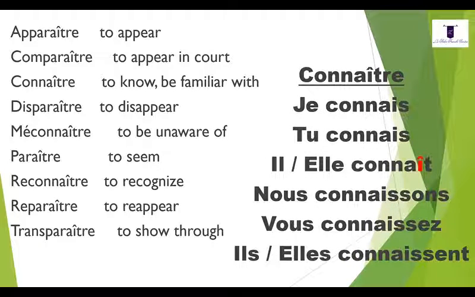Je connais, tu connais, il ou elle connaît, nous connaissons, vous connaissez, ils ou elles connaissent. You can see that at il and elle, the I has accent circumflex, like a heart on top of the I, but the rest do not have. So all these verbs will use this form to form their present tense.